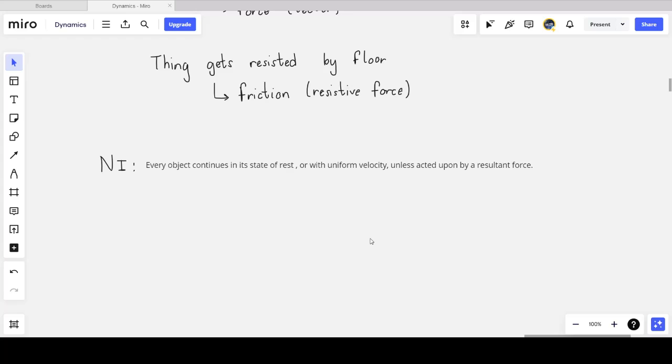And this kind of makes sense, although it doesn't really make sense on Earth, because I can push a box and make it move with a certain speed, and then it's very shortly going to come to rest when the friction opposes the motion.